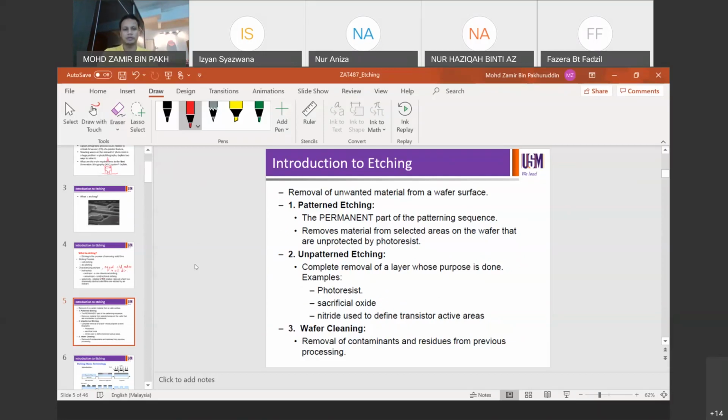You can also say this is the removal of the resist from the patterns, because you have got your patterns after the lithography process. So you want to remove the resist further, but before that you want to do something else as well before the resist is completely removed. The second one is called unpatterned etching, where removal of a layer is done blanket.